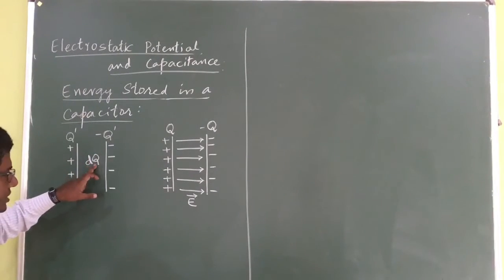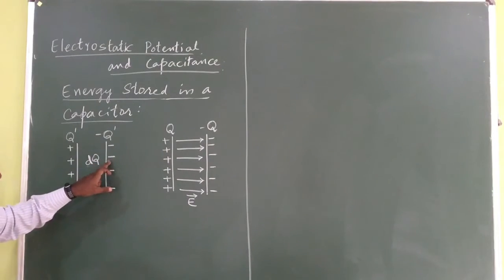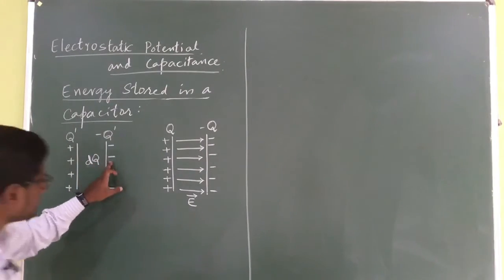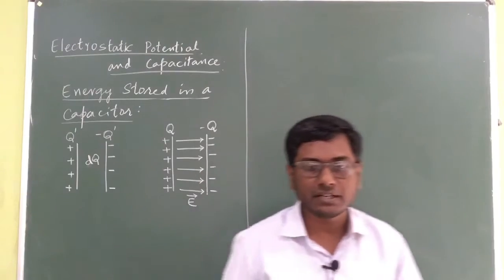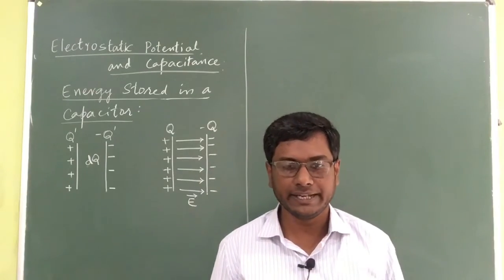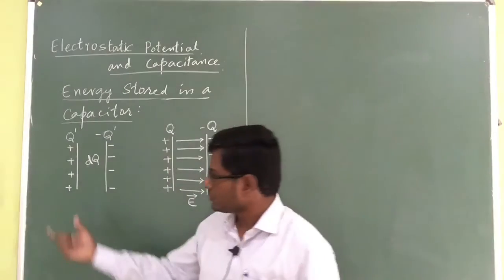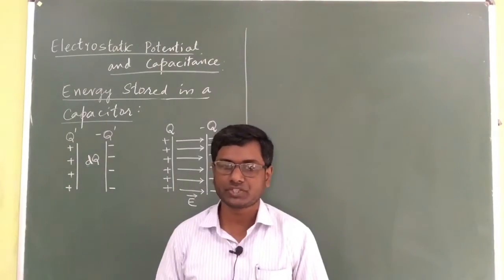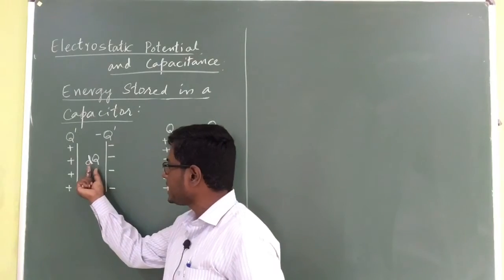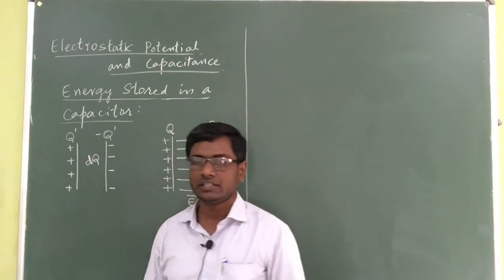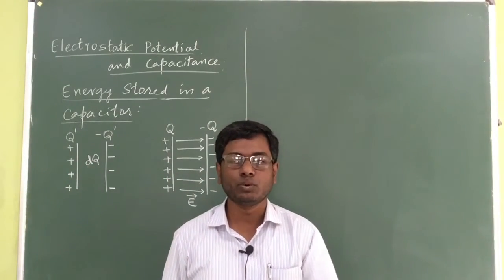When this charge is removed from the negative plate, this negative plate becomes even more negative, and this positive plate, which already had some positive charge, when this small charge dq arrives here, is going to become even more positive.